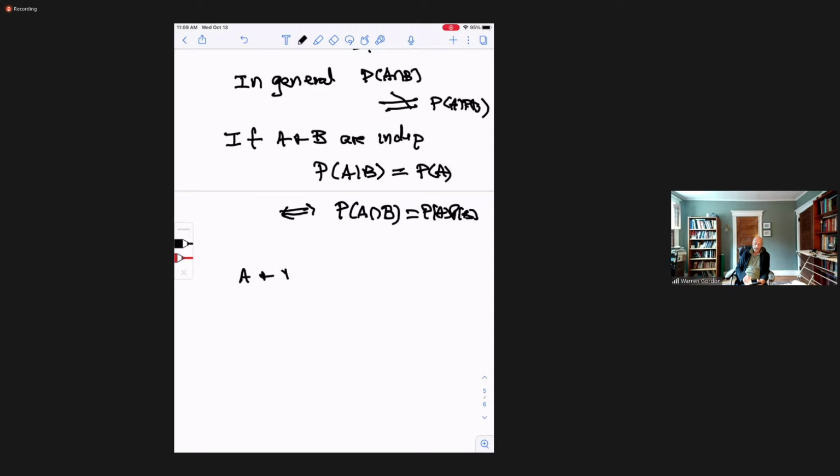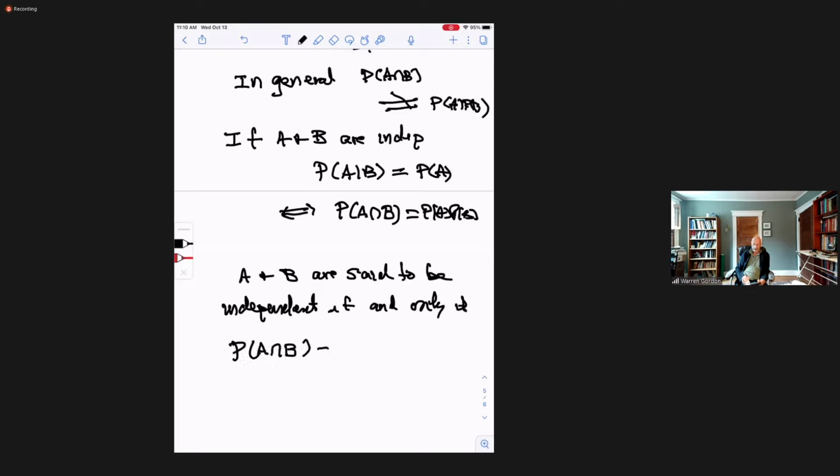A and B are said to be independent events if and only if P of A intersection B equals P of A times P of B, or equivalently, P of A given B equals P of A.